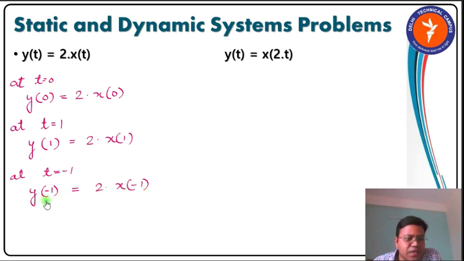This says that the output at t = -1 is dependent on the input at t = -1. So at every instant we can clearly see that the present output is depending on the present input. There is no dependence of the output on past and future values. So we will say the system is static.